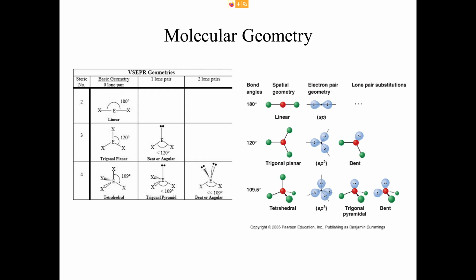And then the last one at the bottom, tetrahedral, is kind of difficult to draw on a 2-dimensional surface because it's not flat. So we tend to draw it with those wedges and dashes. What those things mean is the wedge, the little triangle-shaped bond, means that X is kind of facing out of the plane of the board. It's coming towards you. Whereas the X with the little triangular dashed lines means it's fading away from you into the background.